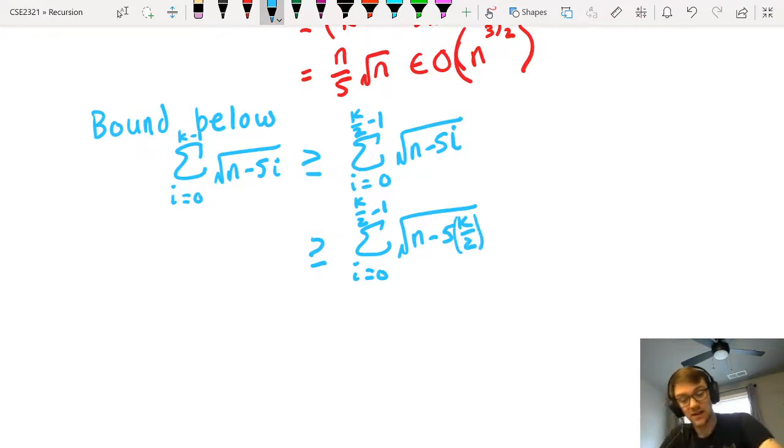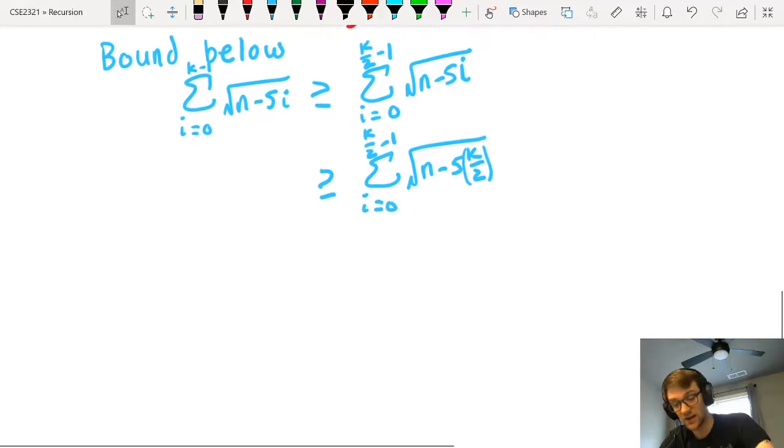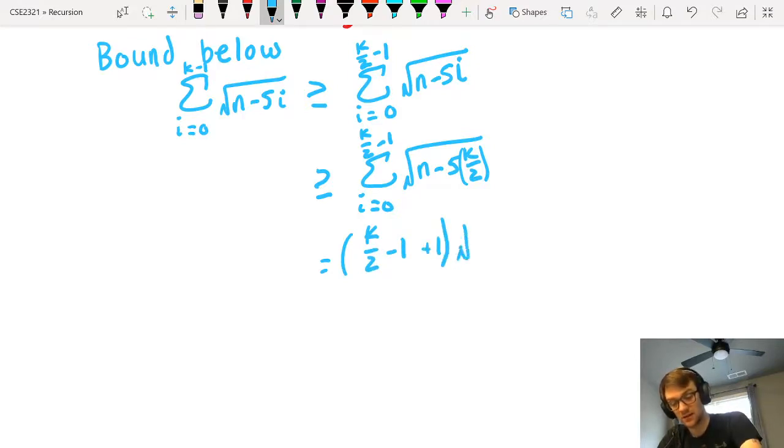That would definitely make it smaller because that's plugging in a large value of i. By doing that, I am now adding up a fixed thing a fixed number of times. Well, how many times? Just like before, we have top minus bottom plus 1 times radical n minus 5/2 k.